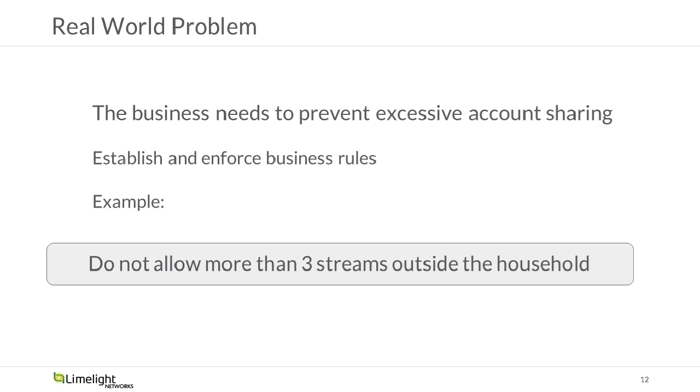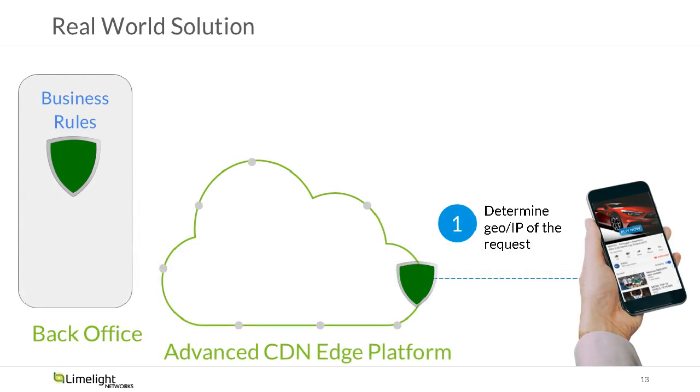Let's have a look at this example. The business needs to prevent excessive account sharing, and we want to establish and enforce the business rules. The example is: do not allow more than 3 streams outside of the household. A really straightforward example. So let's have a look at the flow.